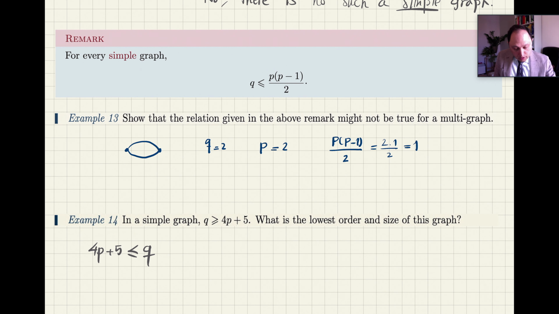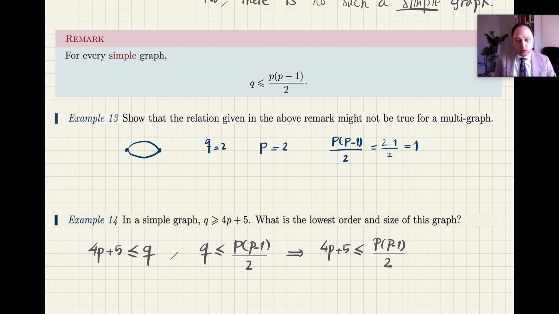And by the remark, we learned that q should be less than or equal to p times (p minus 1) divided by 2. So if I compare them, it means that 4p plus 5 is less than or equal to p times (p minus 1) divided by 2. Yes? And this is an inequality.